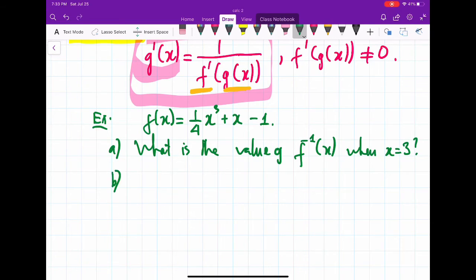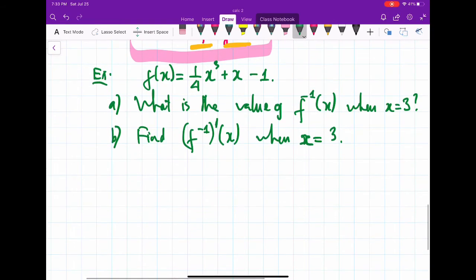The second question, find the derivative of the inverse when x equal to 3. All right, so let's do this.